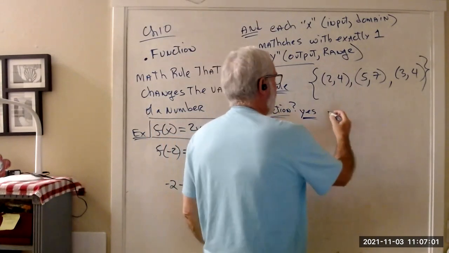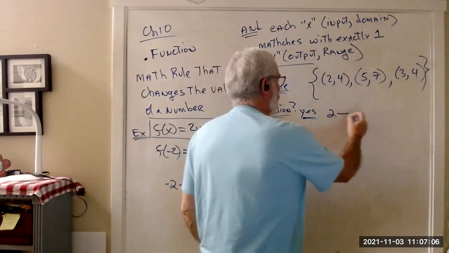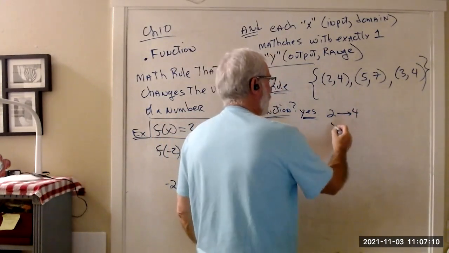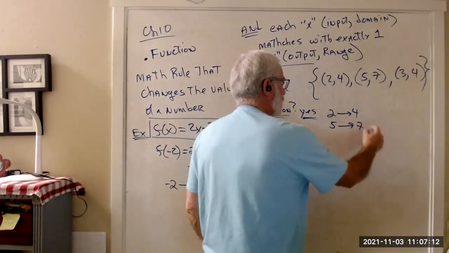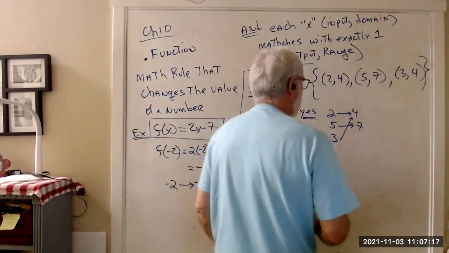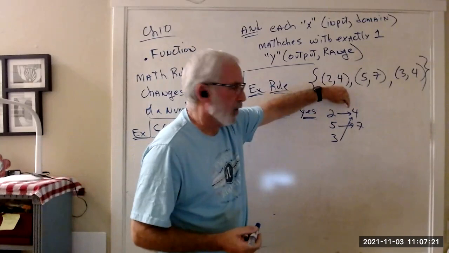Because you start at an x, and who does it match with? Only a 4. 5 matches with a 7. 3 matches with a 4. It's not that 2 numbers go to 4.